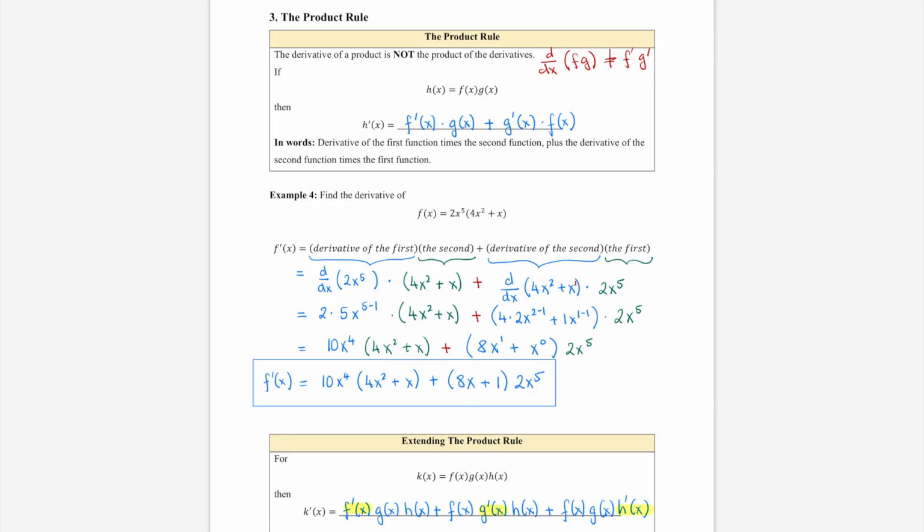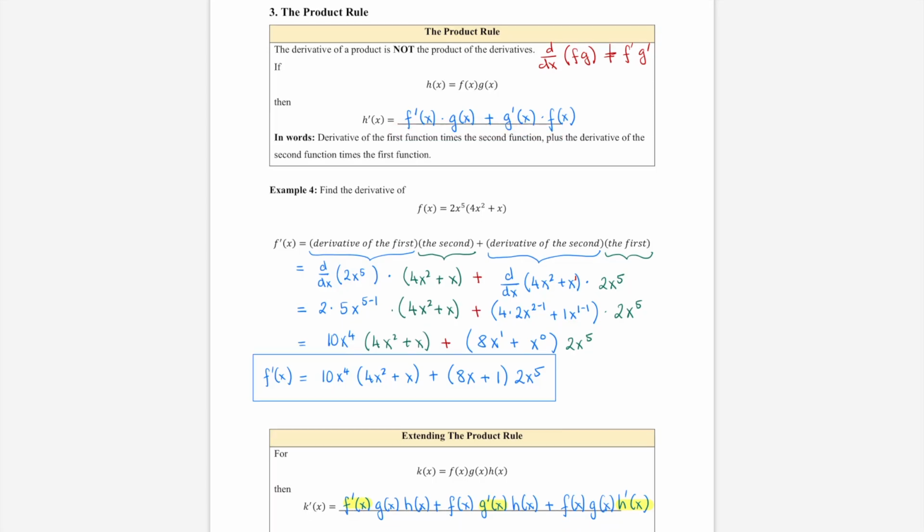Instead, we use the formula: derivative of the first times the second plus derivative of the second times the first. We also saw how the rule can extend when we have more than two functions multiplied together. Next, we will continue learning more differentiation techniques that make solving derivatives easier.